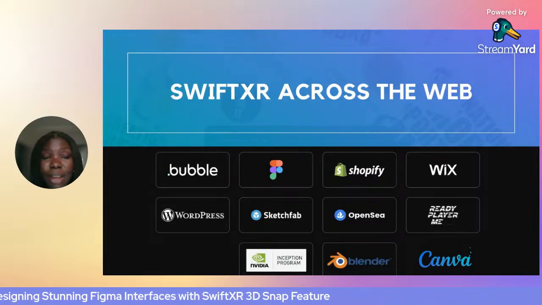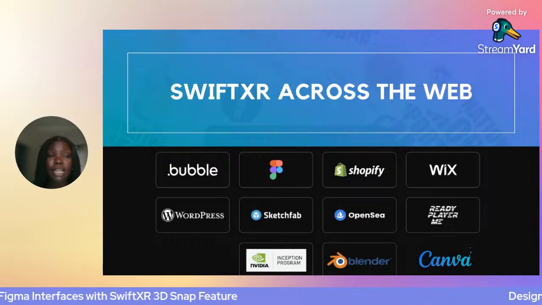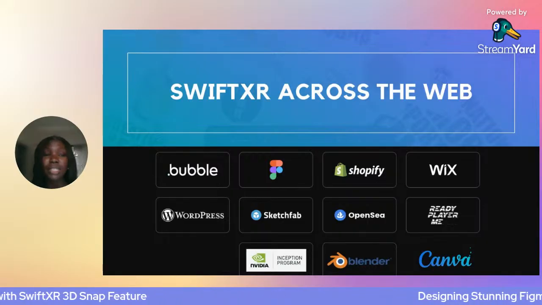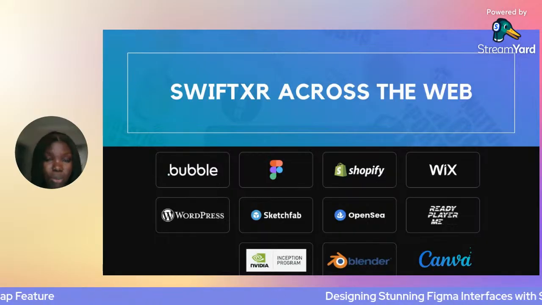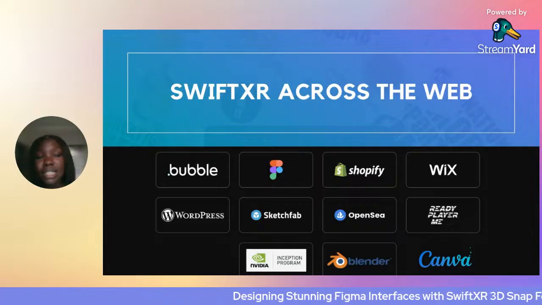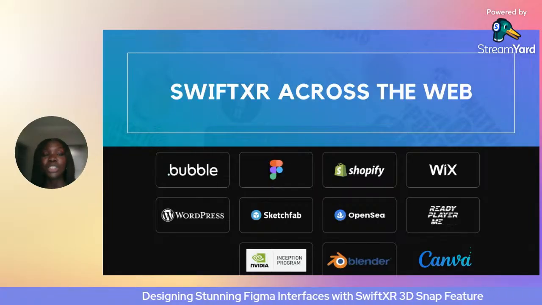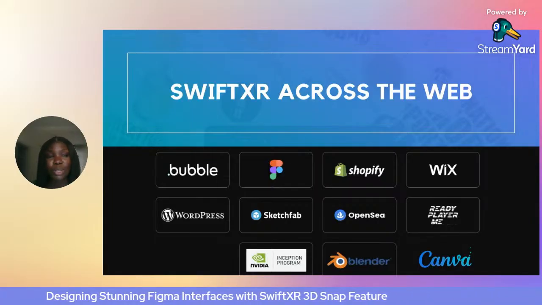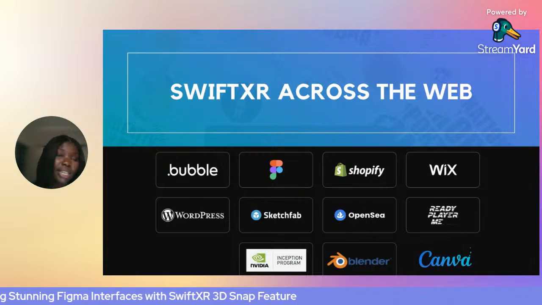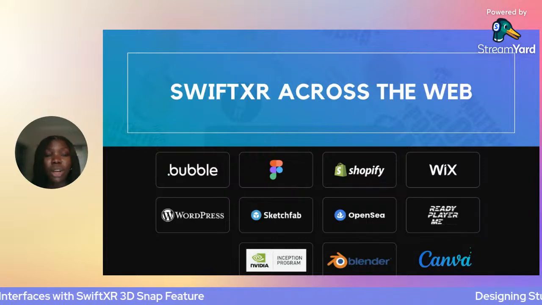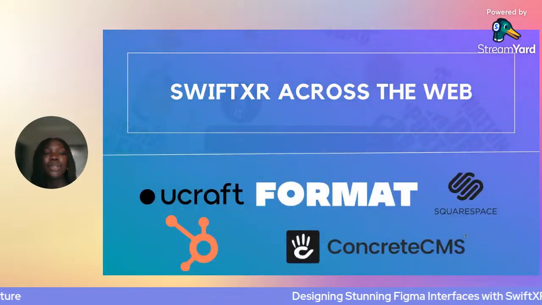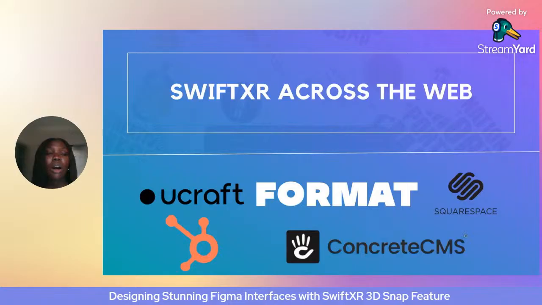Then we have integration with Sketchfab on our platform, which gives you access to millions of 3D models, right? With our 3D snap feature on Canva as well, you can share images and GIFs of your 3D model, which is pretty interesting compared to using bland 2D images, right? And more across the web, we have Ucraft, Format, Squarespace, HubSpot CMS.